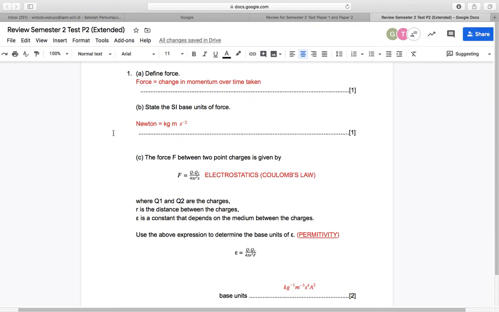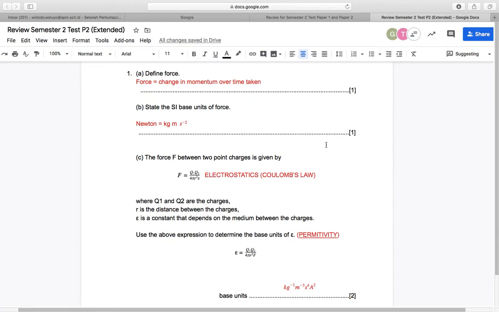Or you can imagine force as Newton's second law, force equals mass times acceleration. So we have the SI base units of mass and acceleration as kilogram meter second minus 2. Yes, this is the base unit of force.